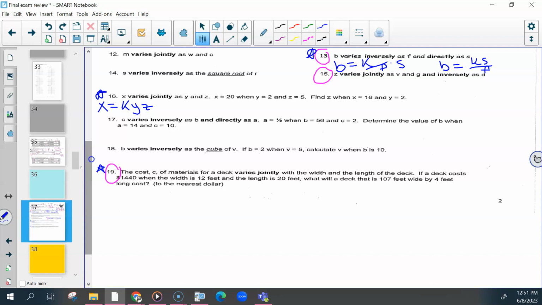We have x, we have y, we have z. Put all of those in. 20 equals, we don't know k, but we know y is 2 and z is 5. And then we're going to solve this for k. Multiply this with 5. And divide.